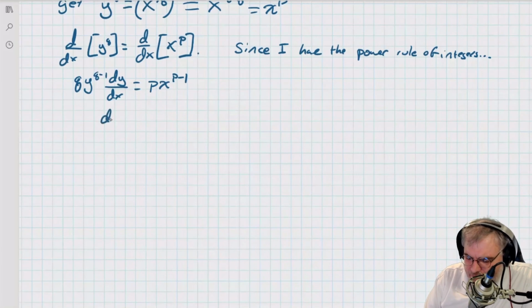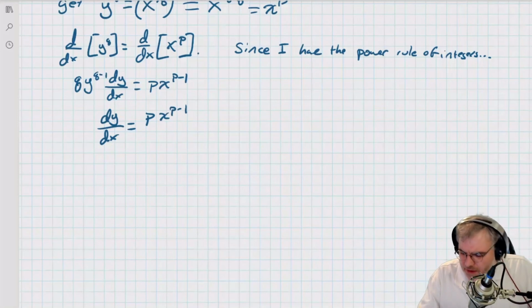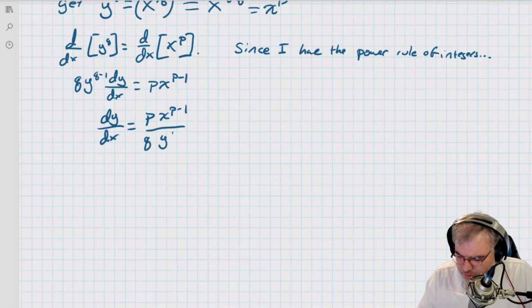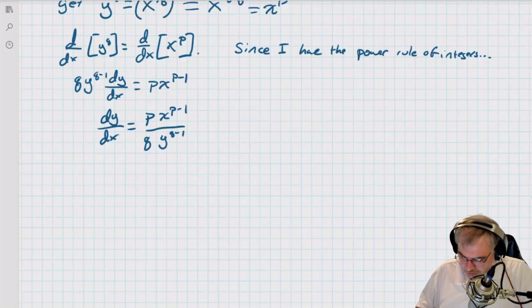So what I get is dy over dx equals p x to the p minus 1 over q y to the q minus 1. And now I'm going to go grab a quart of Pepto-Bismol, and I'm going to do this nice little, beautiful, easy piece of algebra.